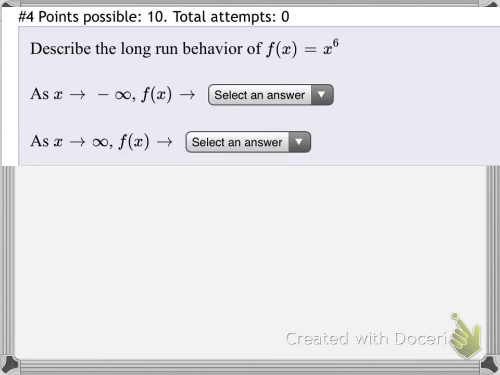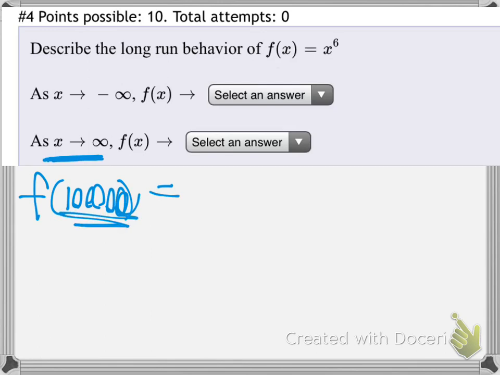So we'll start there. It's saying as x approaches infinity, meaning as I plug in numbers for x, like f of some number, I can't actually plug in infinity because it's not a number. So we just say as I plug in numbers that are gigantic, like 100,000 or a million or a billion, what happens to the function value?